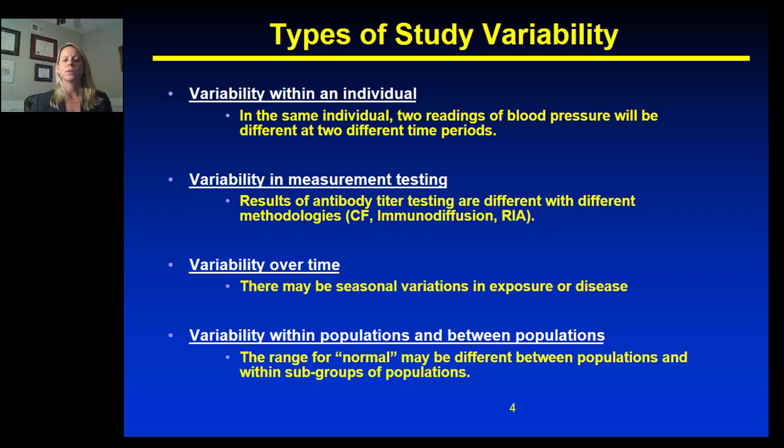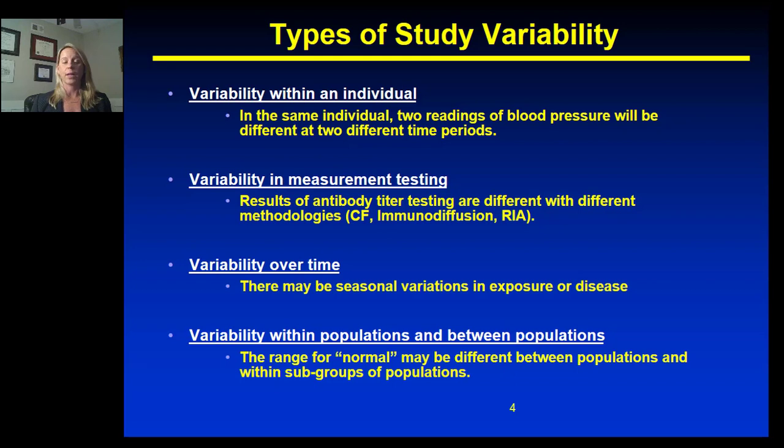You can also have variability in the measurements that are used insofar as the specific type of testing. Depending on, for example, the particular chosen antibody titer, you may find that you're going to get different results. There's also variability over time in a study, and that has to do with the duration of the study.